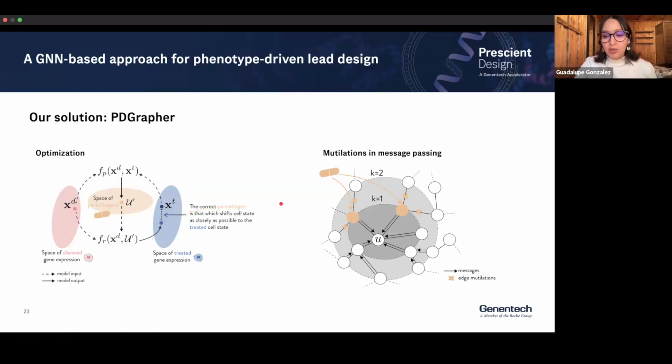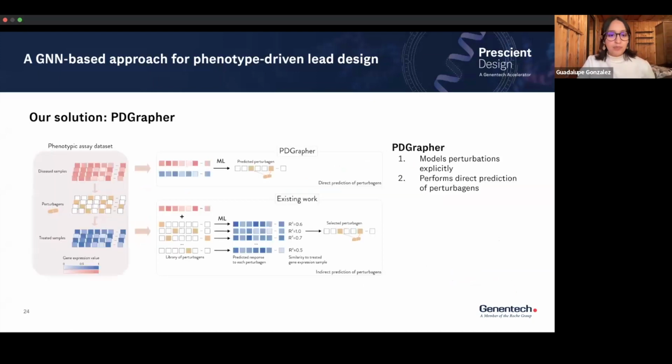And again, we represent mutilations in the message passing just by removing these edges from the GNN message passing. So that's pretty simple in a way.